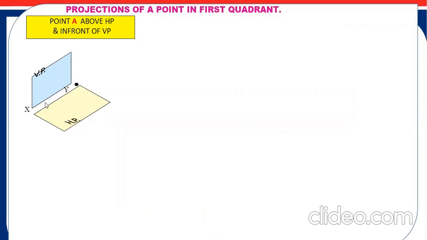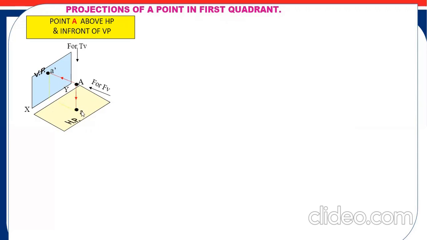This is the XY line, so point A is here somewhat. We get the front view here and the top view here. It has some dimension, whatever it may be, 20, 50, 30, 50, we don't know. So we are getting A dash here and A here.